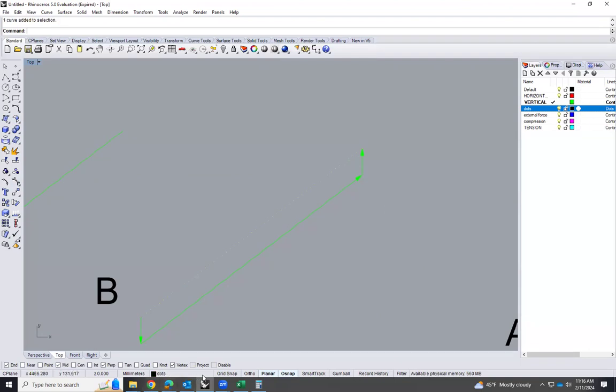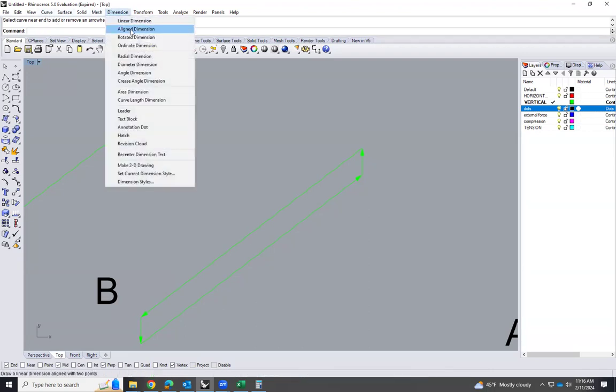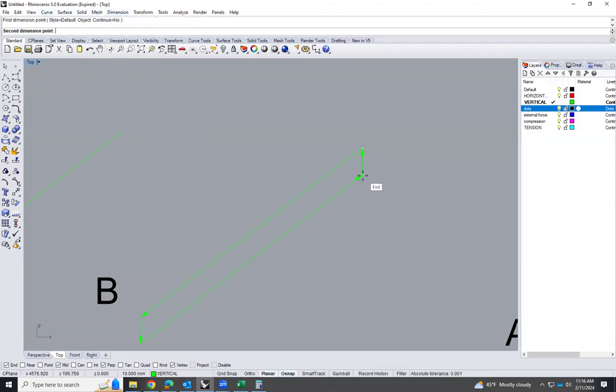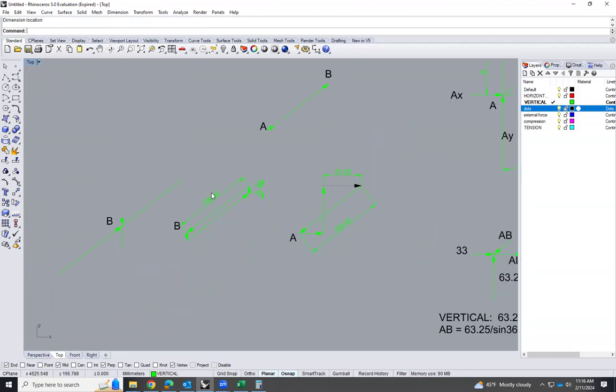And now that one, this has to go down. So that would be 10, and that one would be 105.42.